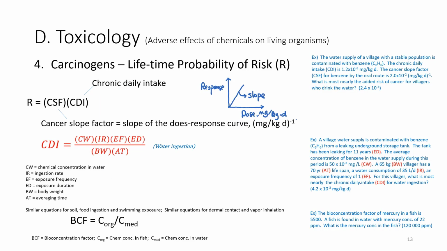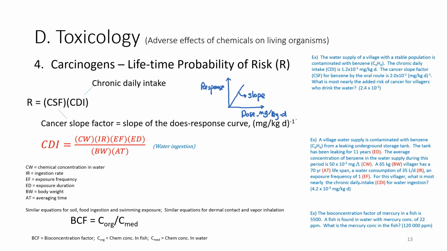For carcinogens, we use the lifetime probability of risk, R, to measure the risk that cancer will develop due to the exposure during a person's lifetime. It is given by the cancer slope factor, from the slope of the dose-response curve, times the chronic daily intake.